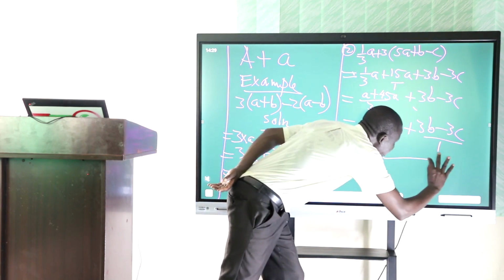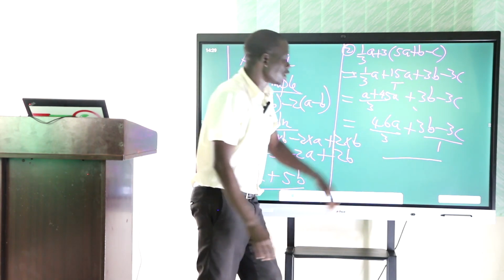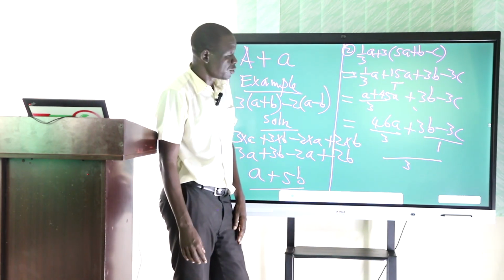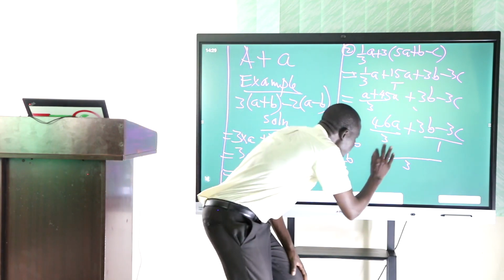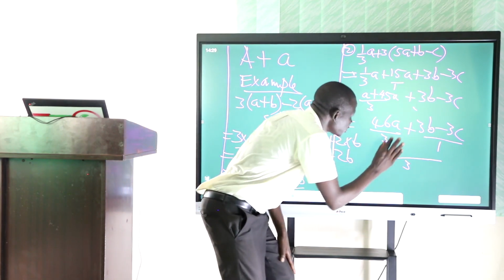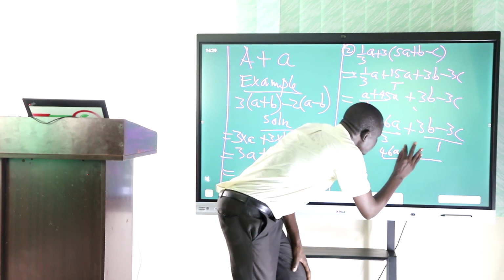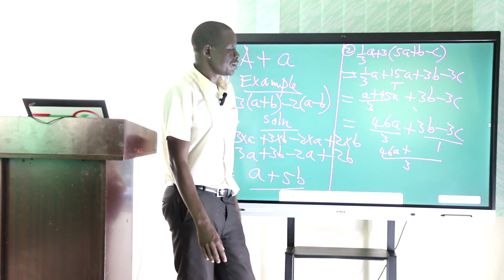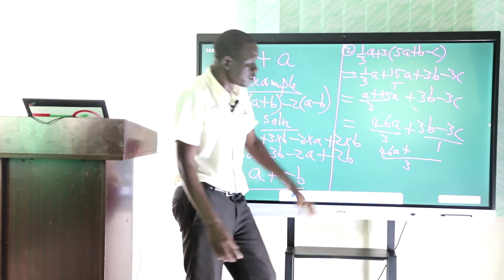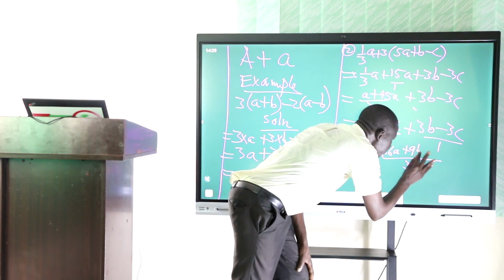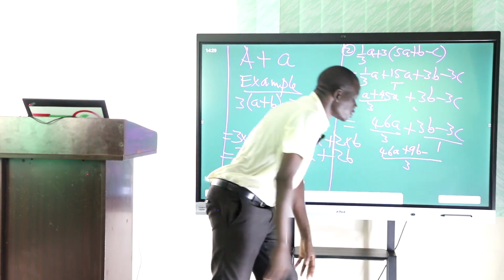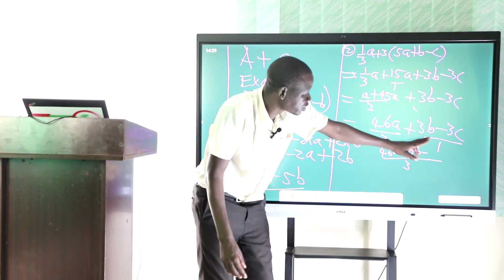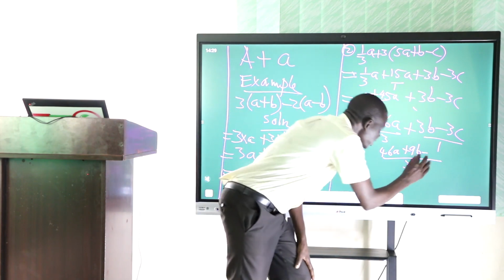So we shall get the LCM still of 3 and 1, which is 3. 3 divided by 3 is 1, and 1 times 46a, we get 46a plus 3 divided by 1 is 3, the 3 times 3b, you get 9b, then minus that 3 still times 3c, you get 9c.